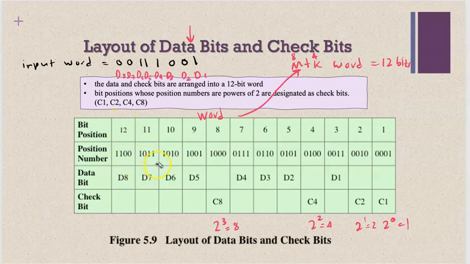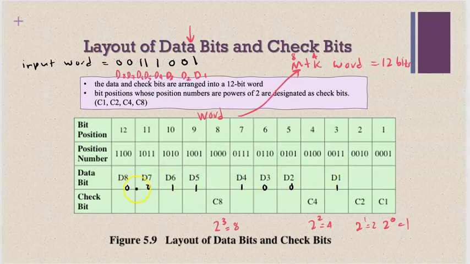Because we need to do some calculation on assigning the bits for our C1, C2, C4, and C8 later. Okay, so assuming we already know that our input is 1, and this is going to be 0, 0, 1, 1, 1, 0, 0.